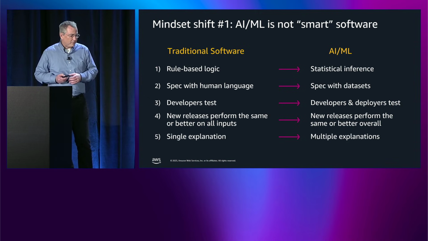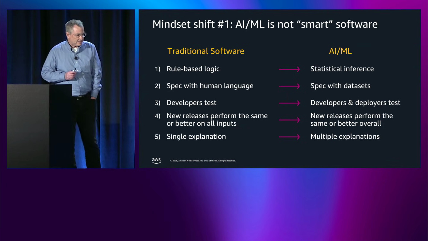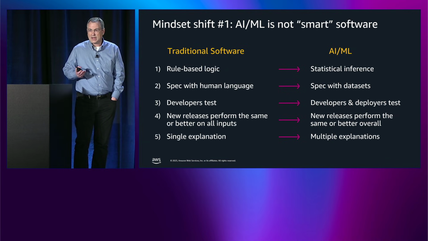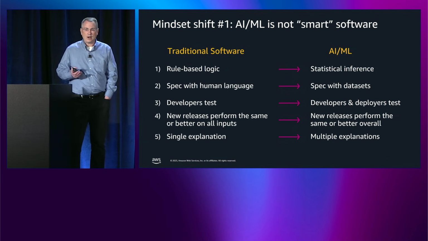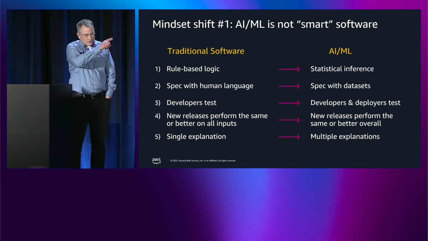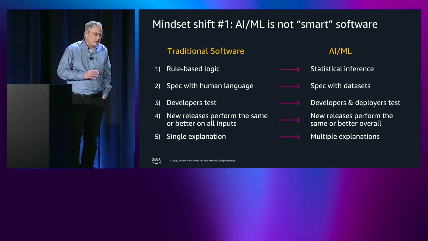And then a final point I want to make about this kind of mind shift is that with rule-based software, traditional software, there is a single explanation for how you got a particular output from a particular input. The code can be implemented in different ways, yes, but the chain of logic is the same. Whereas on the statistical side, it's different.